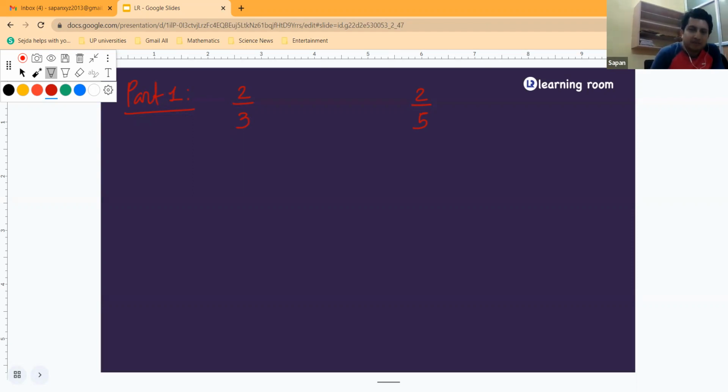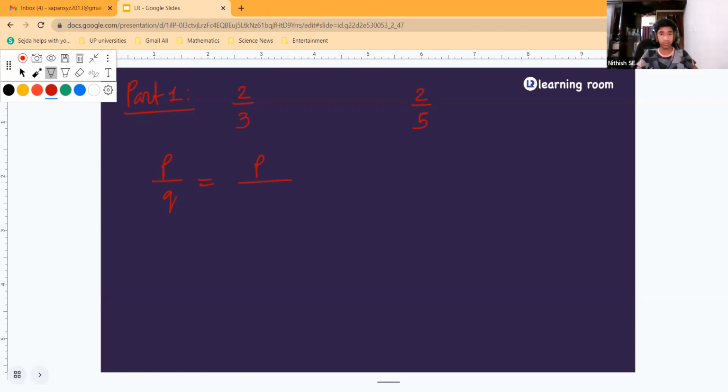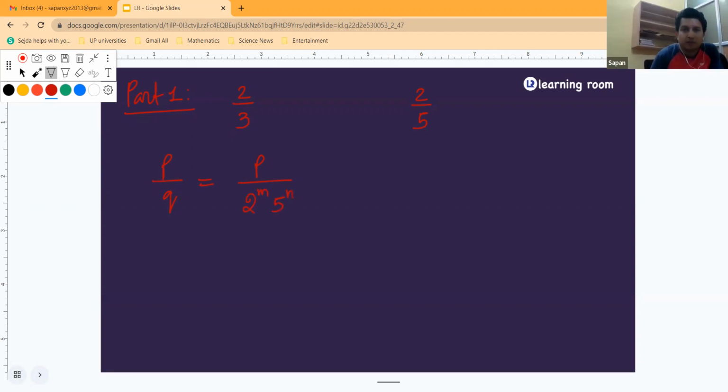The plan is, when you have any rational number, try to write the prime factorization of Q. If it is coming as a product of 2 power m into 5 power n, only and only then it is terminating. So what are m and n?